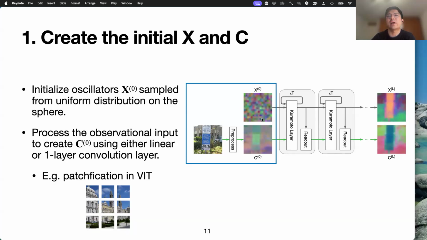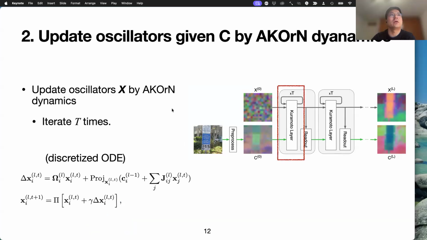So given C and X, we iterate the Kuramoto layer I explained just before. Each X is updated by the Kuramoto update, while C is fixed across time steps. We iterate a large T times here, and we use the discretized version of the ordinary differential equation.